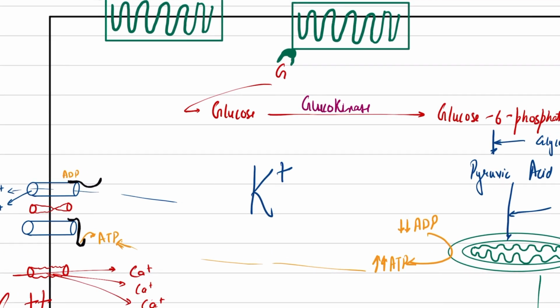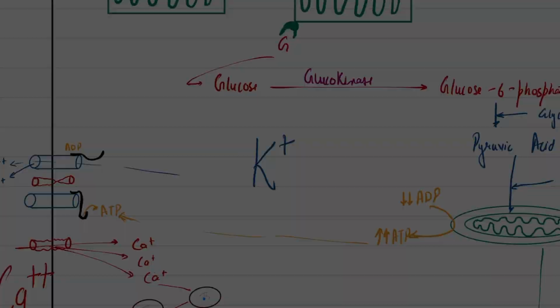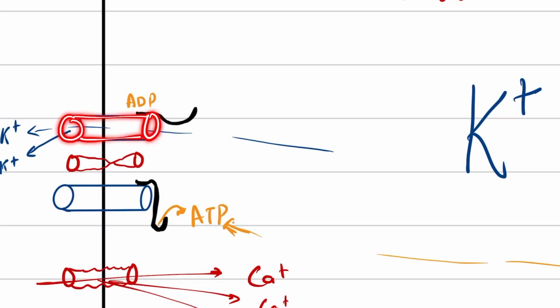First of all, I want to tell you what resting membrane potential is. Resting membrane potential is the voltage difference across the membrane in the resting state. For now you can just learn that the resting membrane potential in most cells is minus 70 millivolts. Let's suppose this is a potassium channel and this channel has a flap.